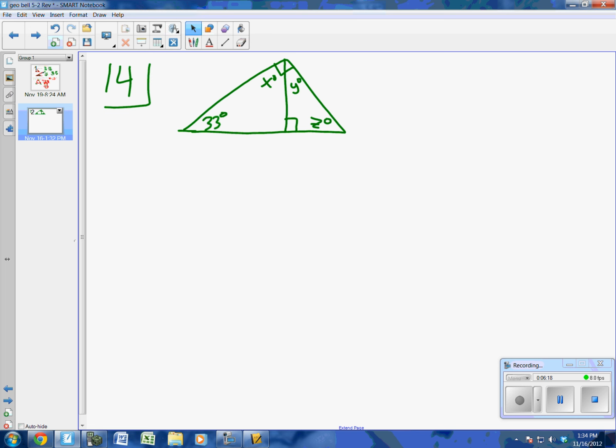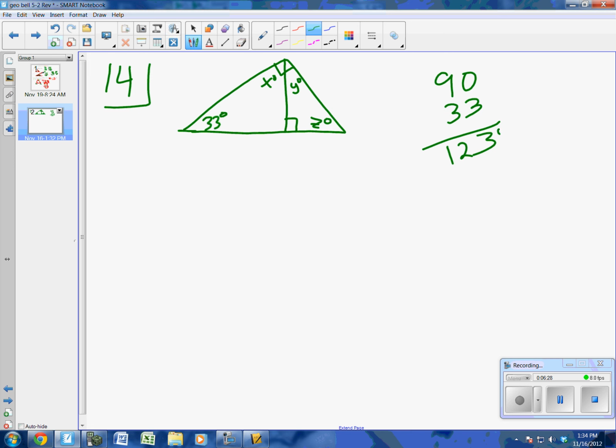So the 33 and this whole right angle and this angle z are supposed to add up to 180. So we can add 90 plus 33 is 123 degrees, right? And then z, you take 180 minus 123 equals 57 degrees. So z equals 57 degrees. Okay.